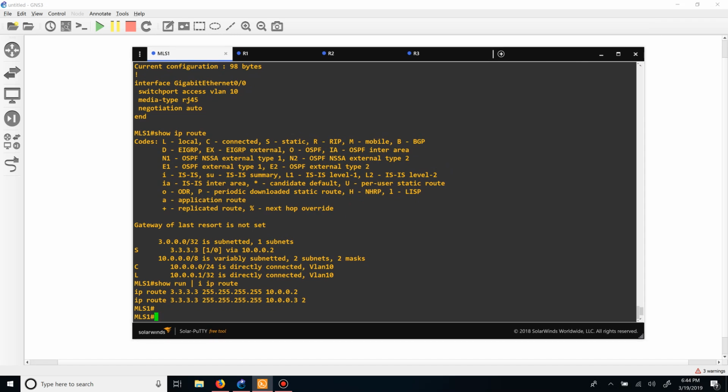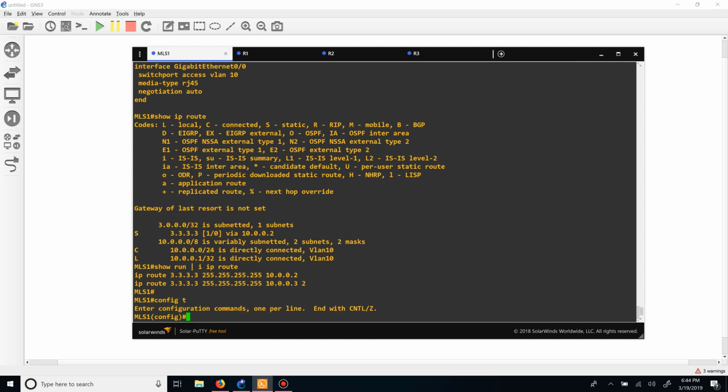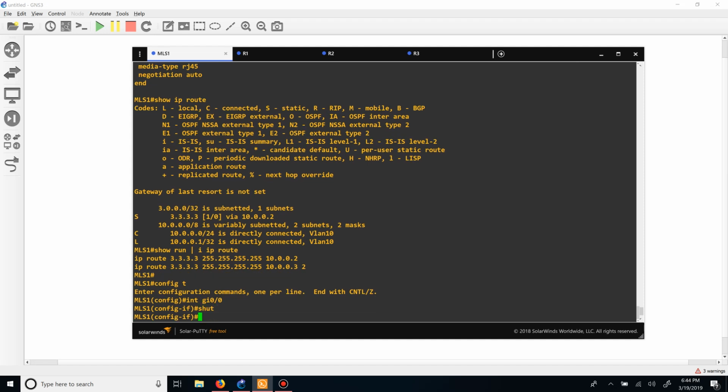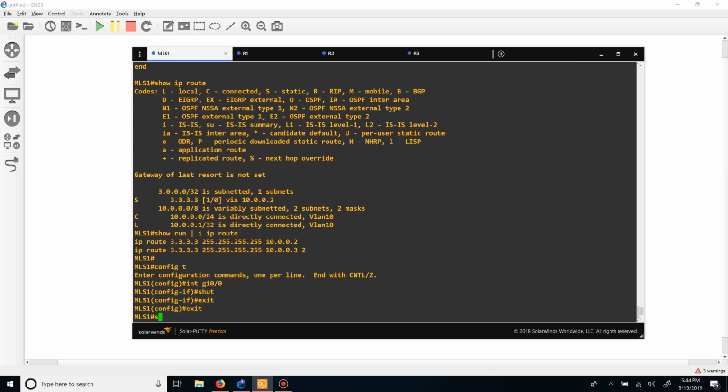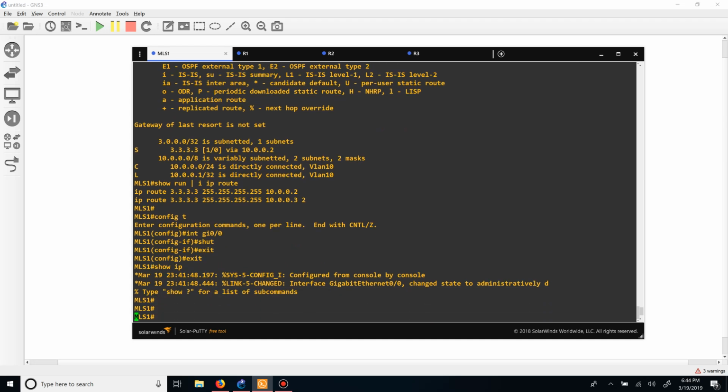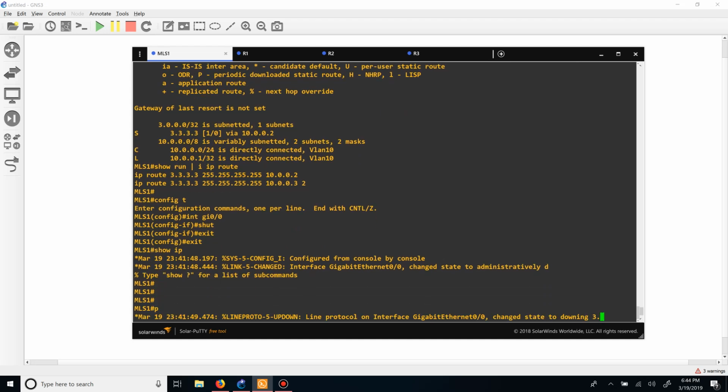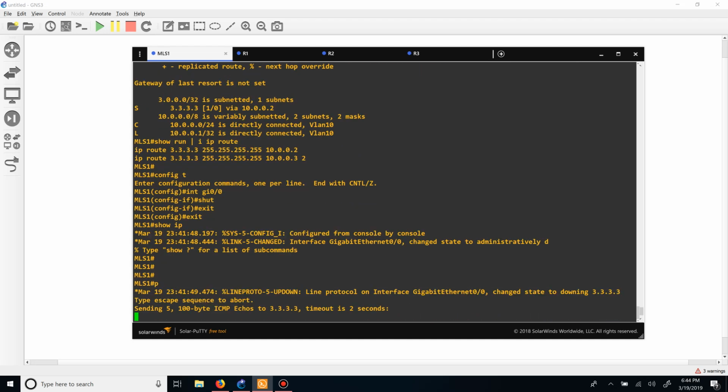But in this situation, if we go to the interface that router 1's on and do shut, try to ping router 3, and we can't get to it.